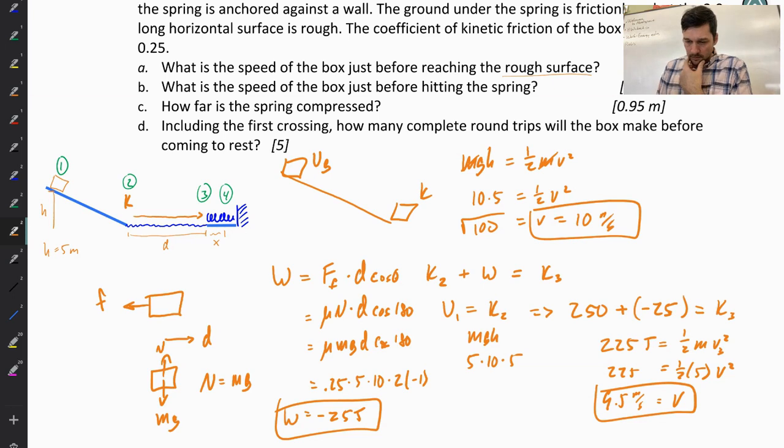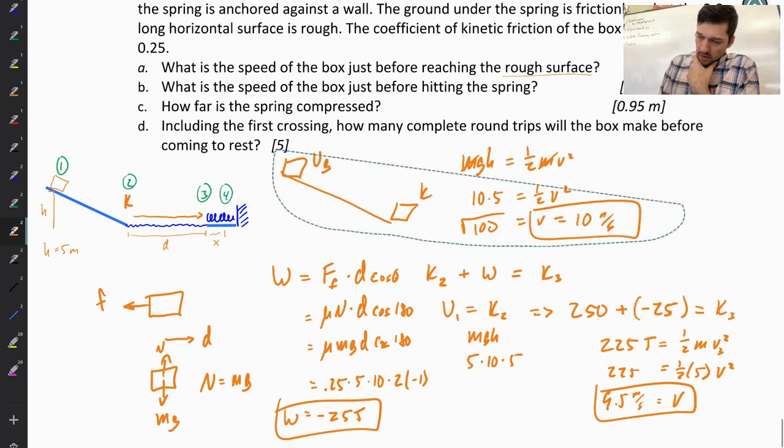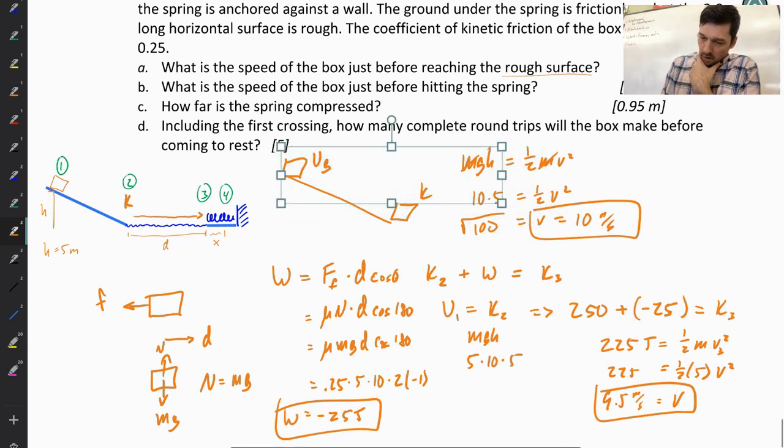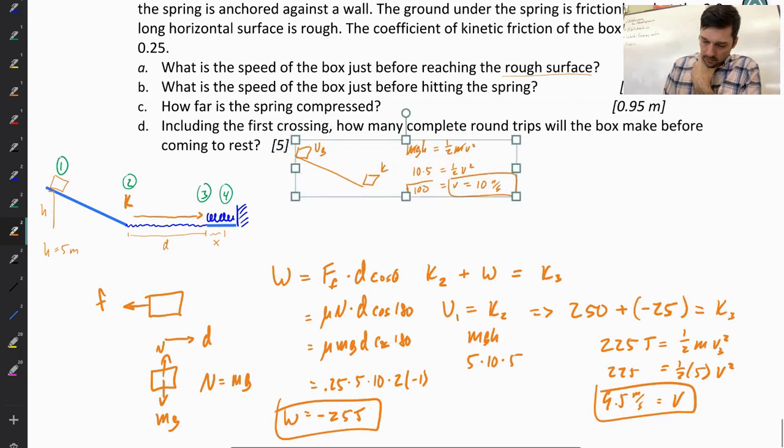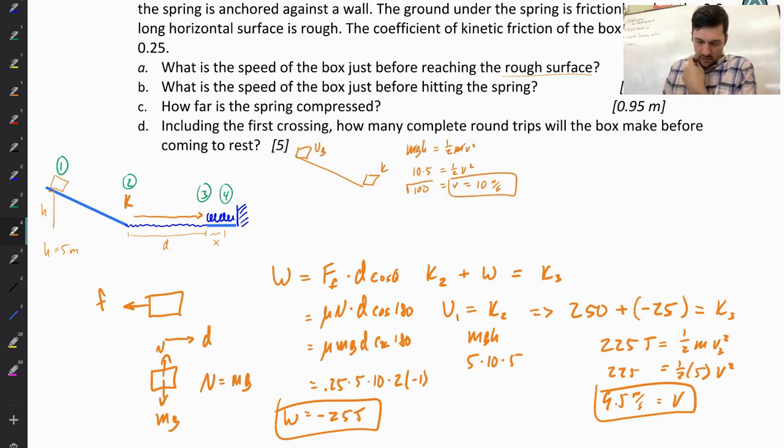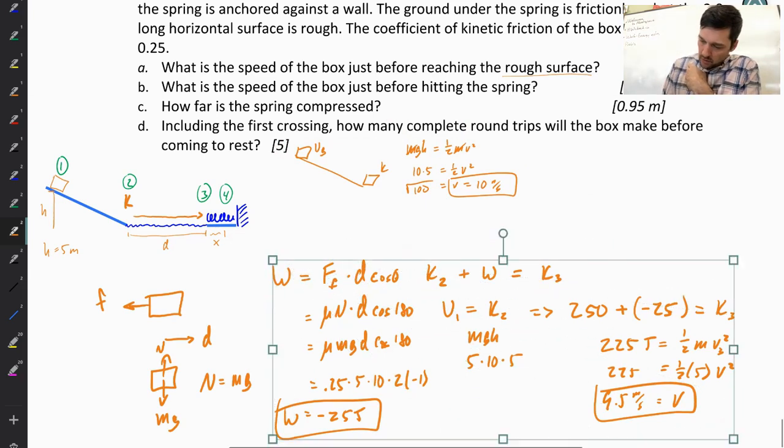All right, so I gotta shrink some things up because we're filling up all of our available space. We still have to figure out how far the spring is compressed. All right, so let's shrink you all up.